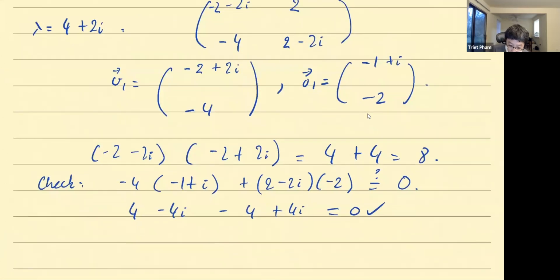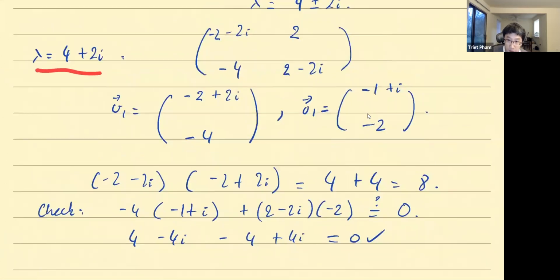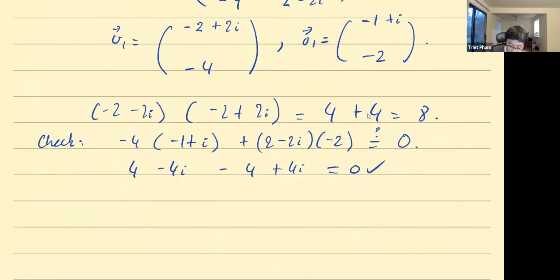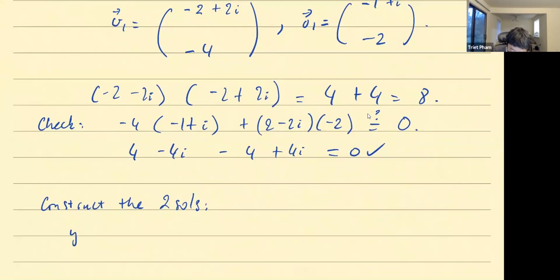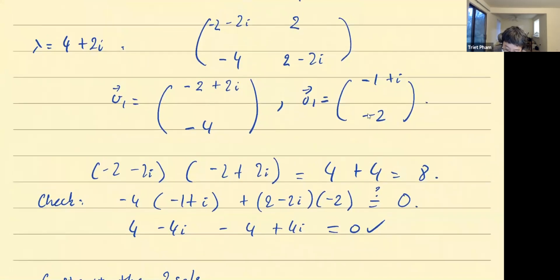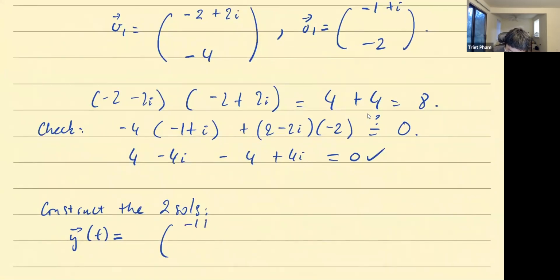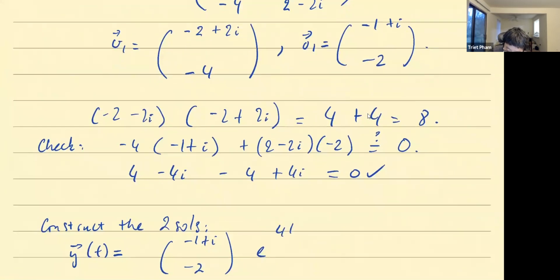So now you don't need to find the second eigenvector for the complex eigenvalue, because we will construct the two solutions from the complex solution above. In other words, you start out with y(t), which is v, -1 plus i and -2, times e to the lambda t, which is 4 plus 2i t.